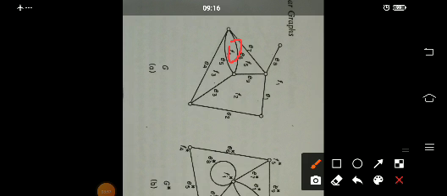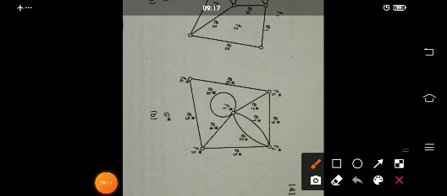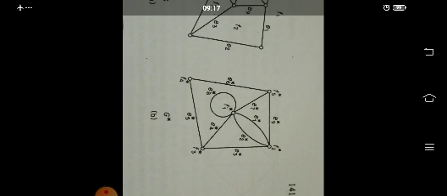It is clear that F4 is adjacent to F5 and F3. Therefore in the second graph, the dual graph, F4 is connected to F3 and F5.